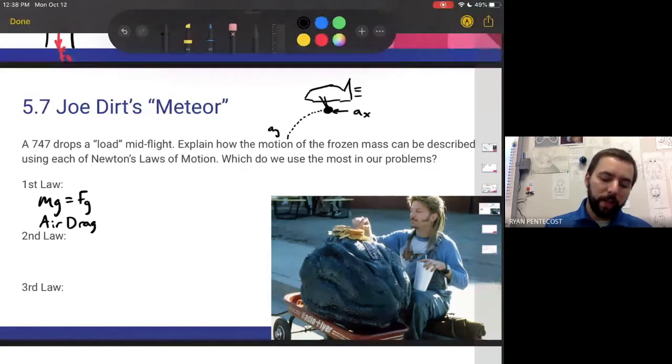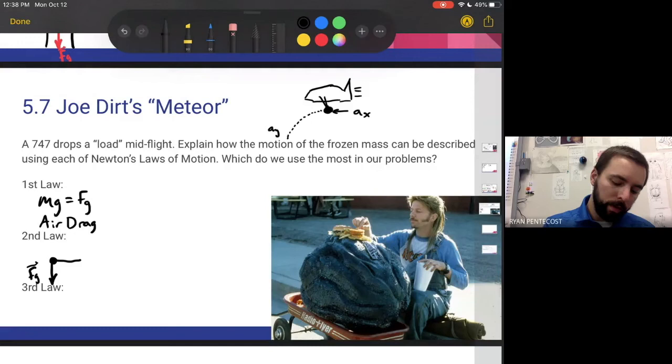Now, from the second law point of view, we can start analyzing the forces that are causing this mass to accelerate. So if we get a diagram here, we can just call it a point. Okay, we have a down force, F of G. Put your vector hat on that. Then you have the air drag vector right there.